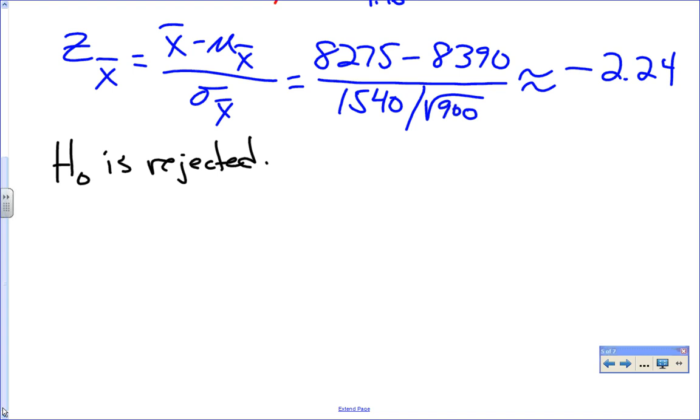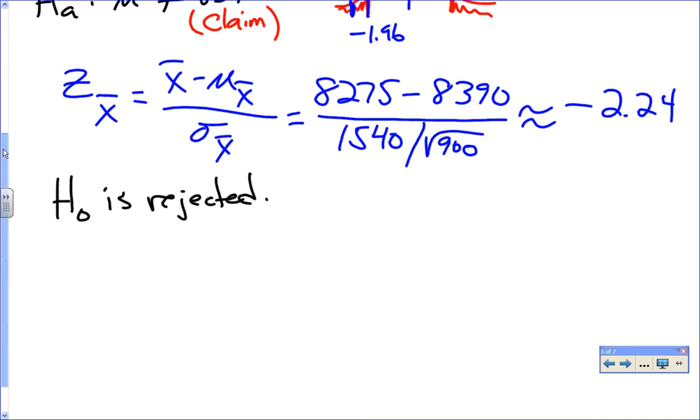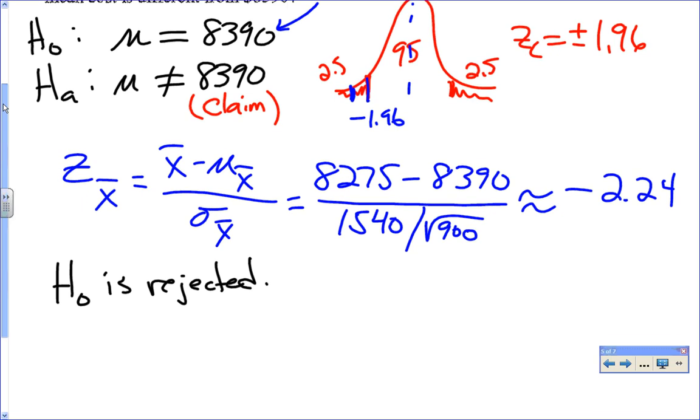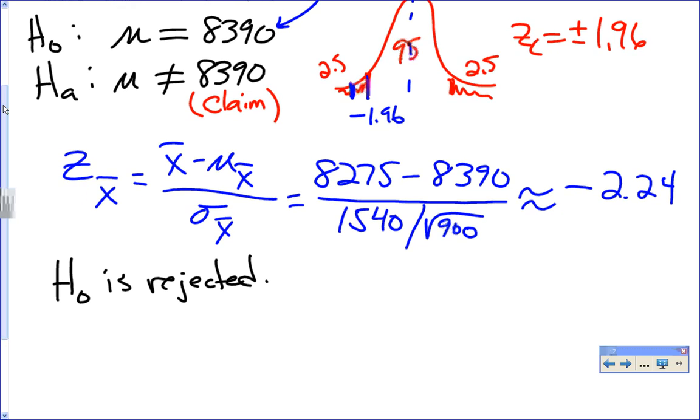We support the claim. So what does it mean to support the claim in this problem? To support the claim really says that the average amount for raising a child is quite a bit different from 8,390, right? Isn't that really what it's saying? Because that was my claim, saying that it was wrong.